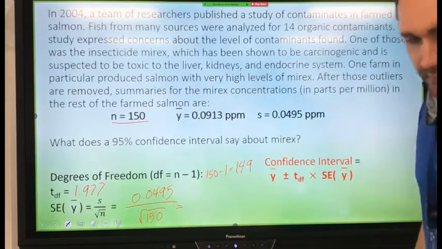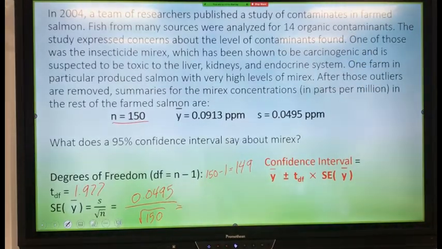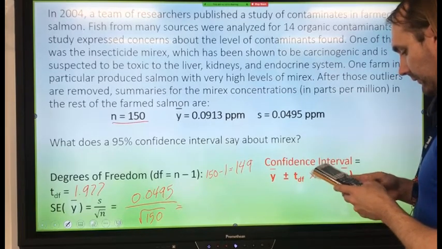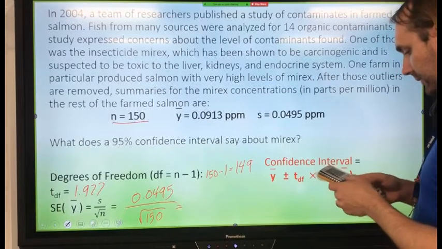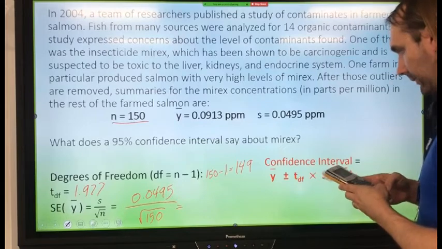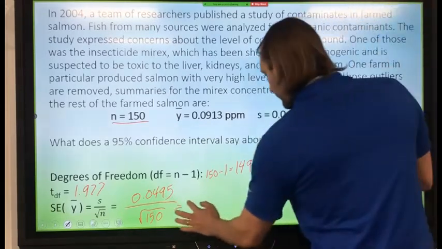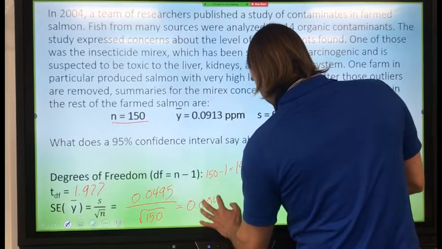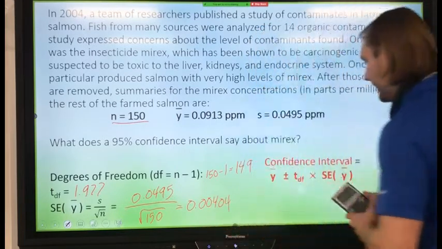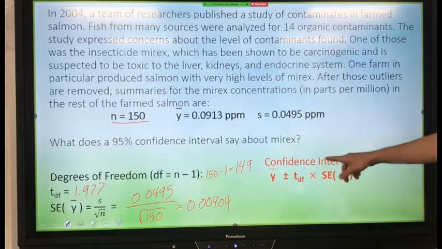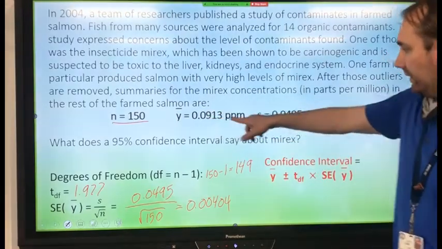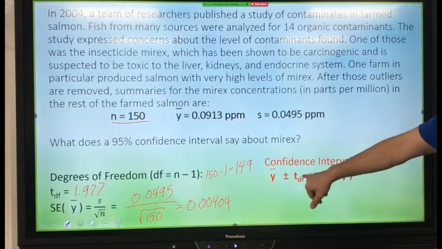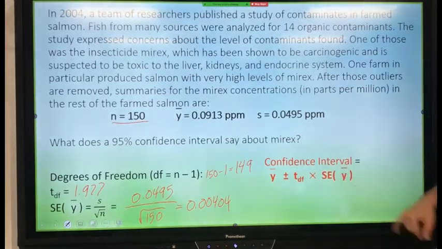And that equals 0.0495 divided by the square root of 150, which is 0.00404. Now, why do I need that? Because my confidence interval is your mean plus or minus the t-score times your standard error.